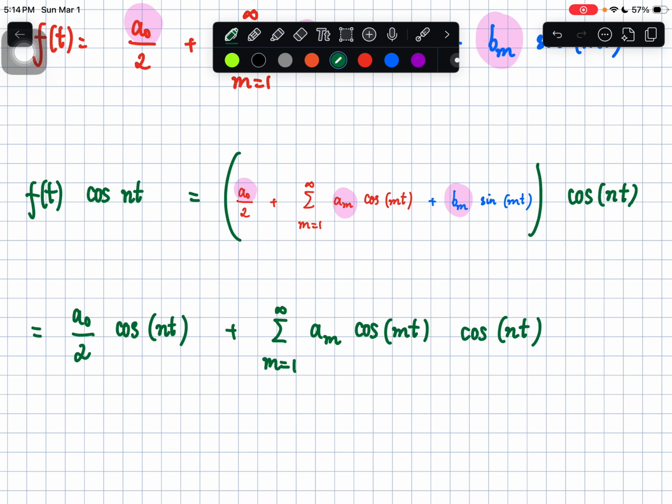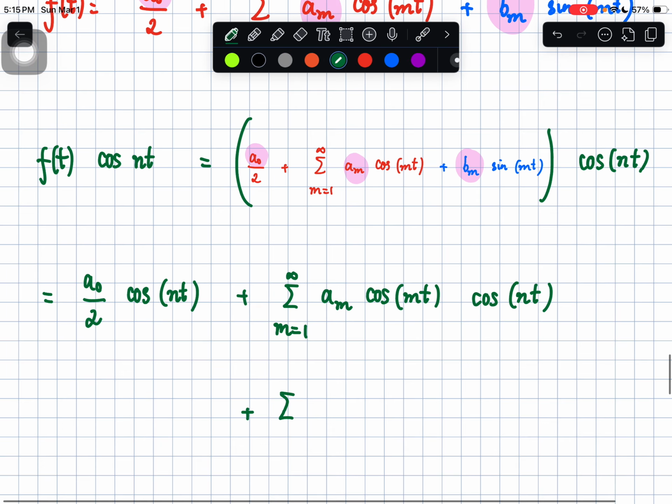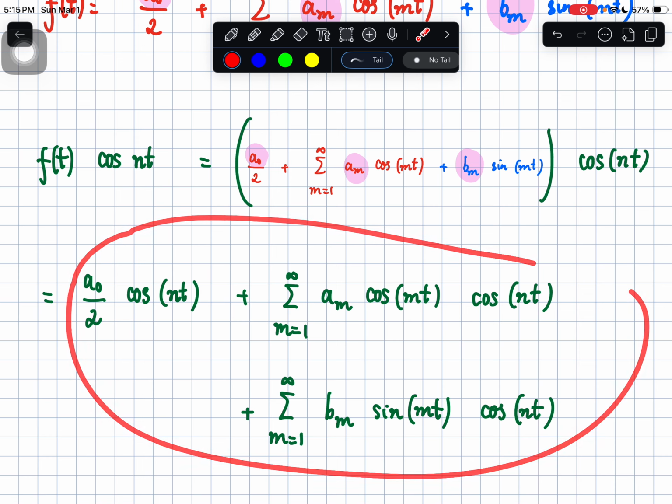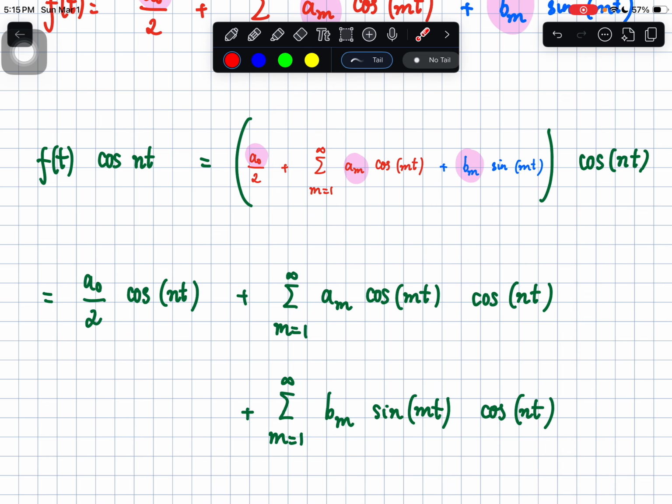And this is all summed from m greater than or equal to 1. m from 1 to infinity, bm sine mt cosine nt. These terms are equal to cosine nt times f(t).